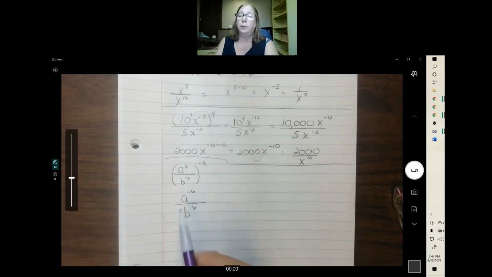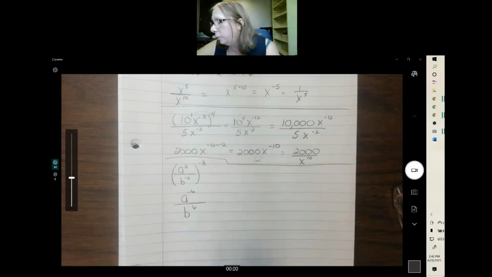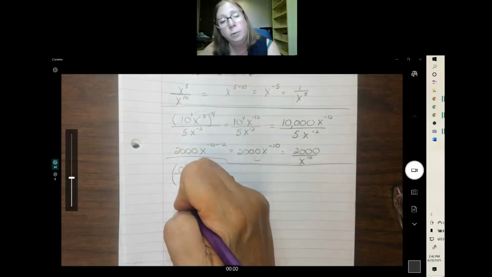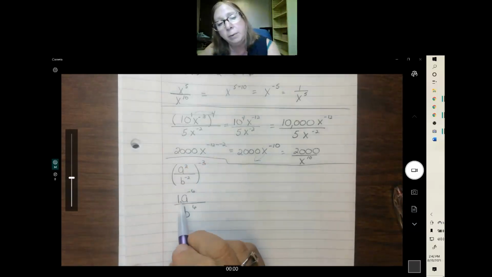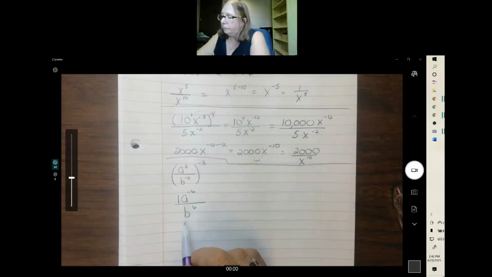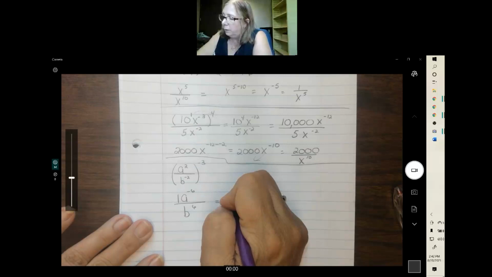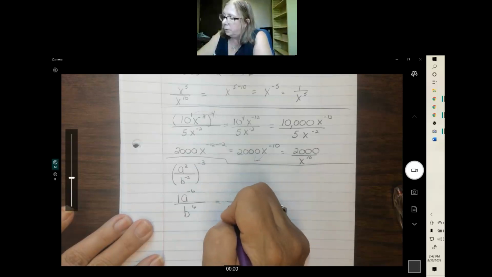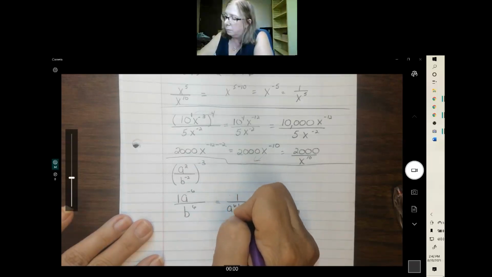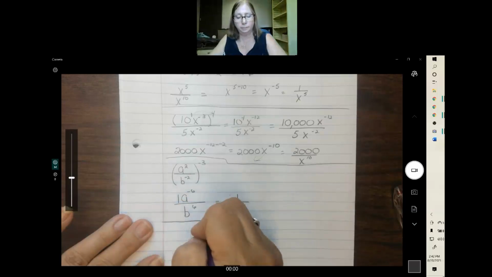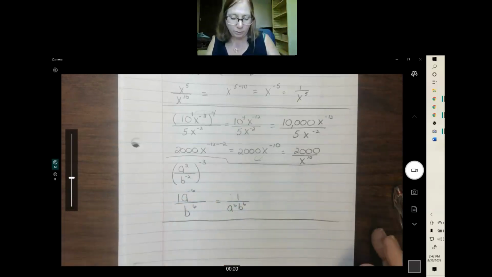Now, a lot of times students aren't sure what to put on the top then. Remember, when there's no number, this is a 1. So the 1 stays there and the a moves down, so that it gives us 1 over a to the 6th, b to the 6th. Any questions on that?